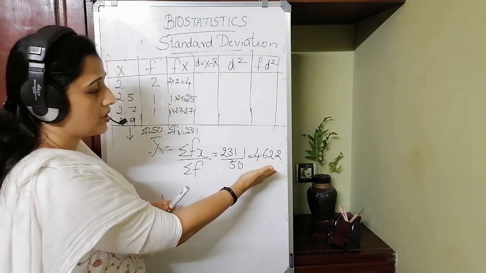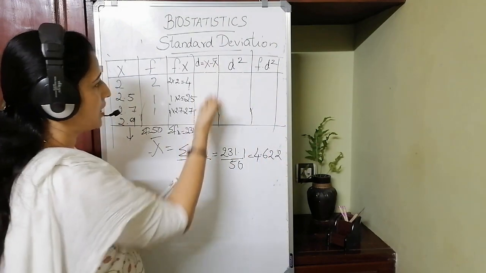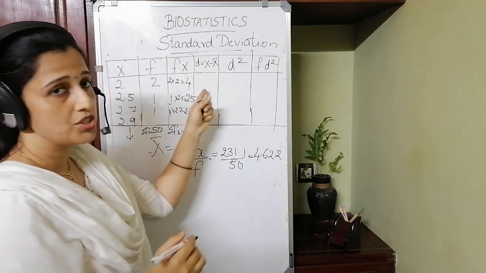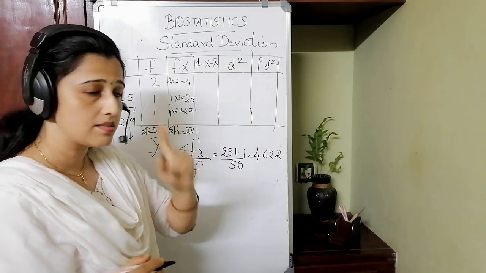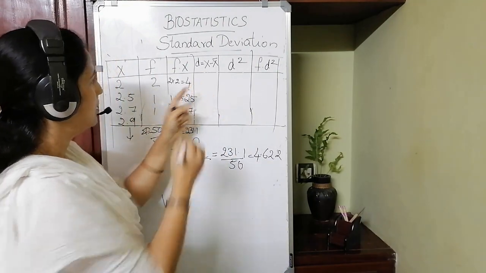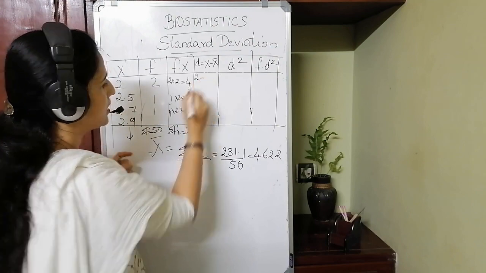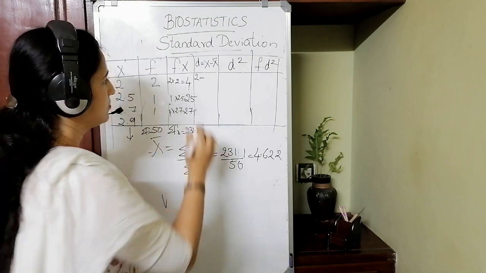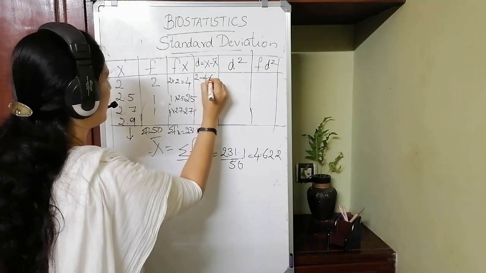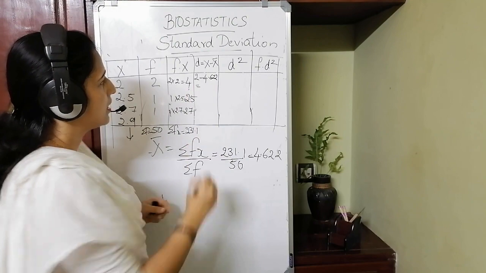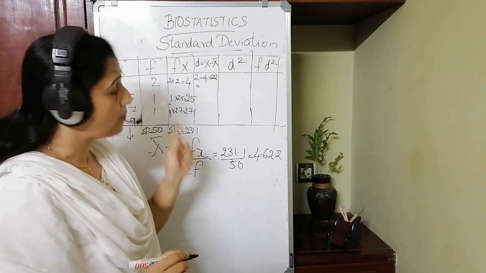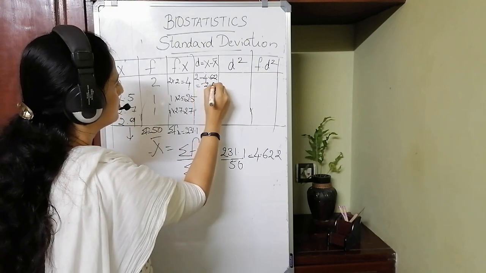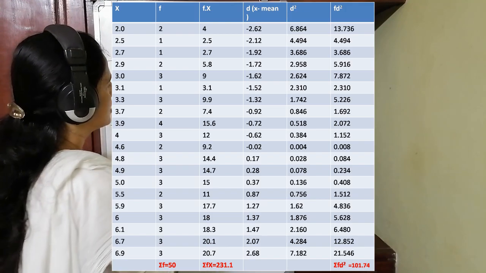After finding the arithmetic mean, you can complete this part of the table. Here deviation is equal to variable minus arithmetic mean. So 2 minus 4.622 comes to negative 2.62.